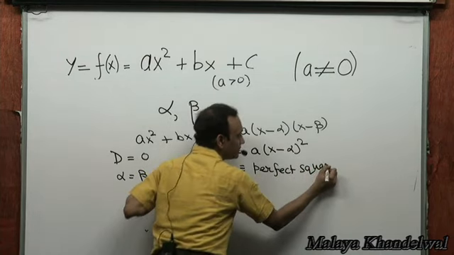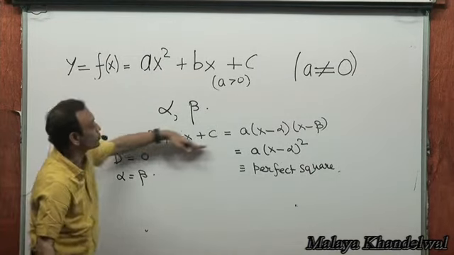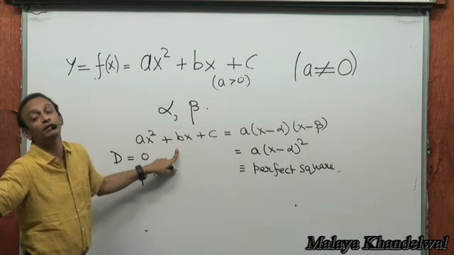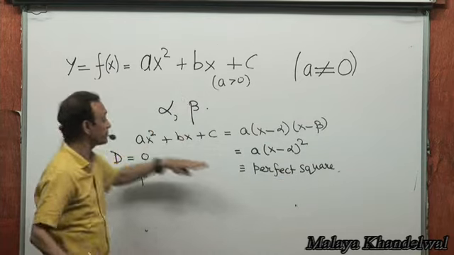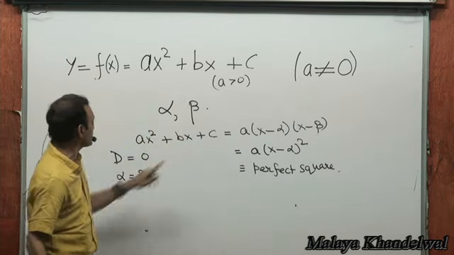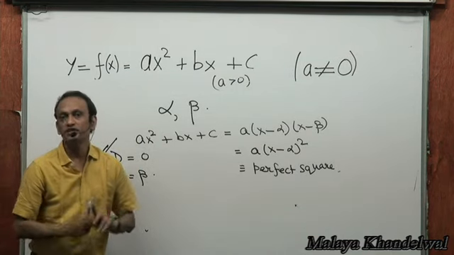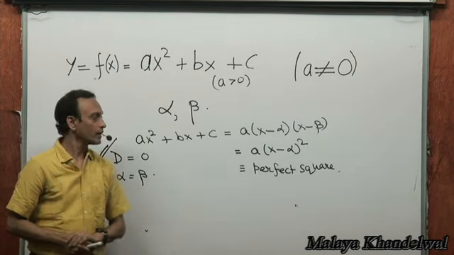That means if the roots of a quadratic expression are equal, that means if the discriminant is equal to 0, then the quadratic must be a perfect square. That means for a quadratic to be a perfect square, what is required is the discriminant to be equal to 0. Yes or no? Right? Fine.